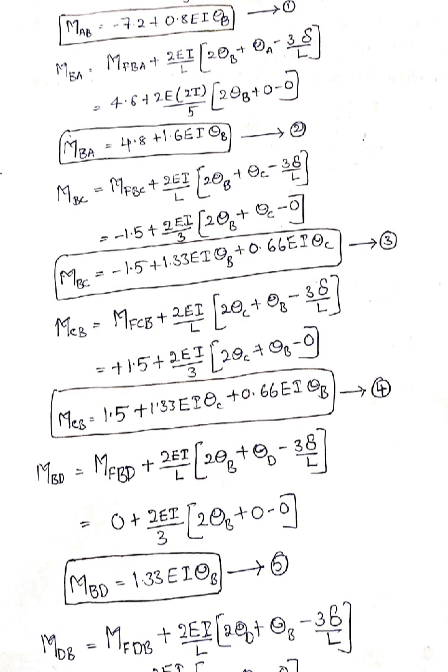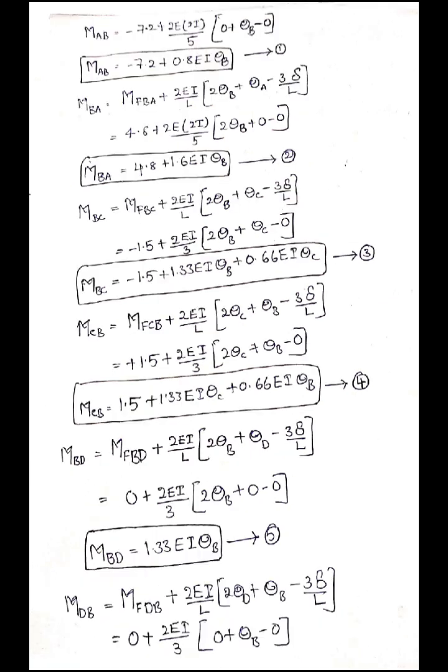So we will get MAB as equation 1, MBA as equation 2, MBC as equation 3, MCB as equation 4, MBD as equation 5 and MDB as equation 6. In the MAB equation we need to substitute theta A equal to 0 and delta equal to 0. In the MBA equation we substitute theta A equal to 0, delta 0. In MBC we substitute delta equal to 0. In MBD and MDB we substitute theta D equal to 0, delta equal to 0. Then we'll get equations 1 to 6.